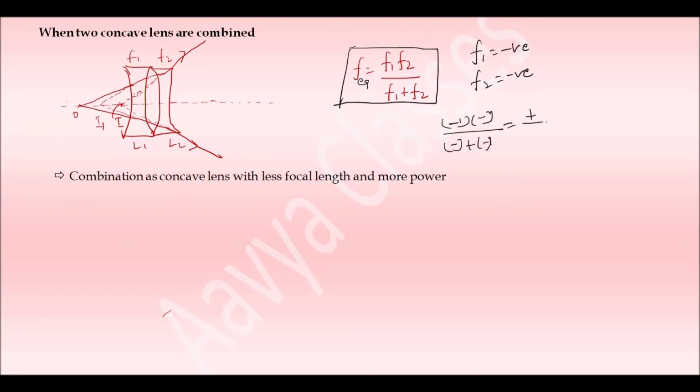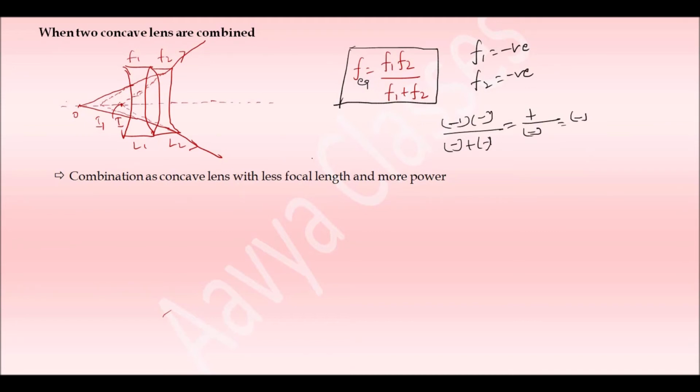So basically in the numerator we have a positive value, and in the denominator we have a negative value. So we get a net negative value. That means we get a net divergent lens. So basically when two concave lenses are combined, we get a concave lens, and the combination has less focal length and more power.